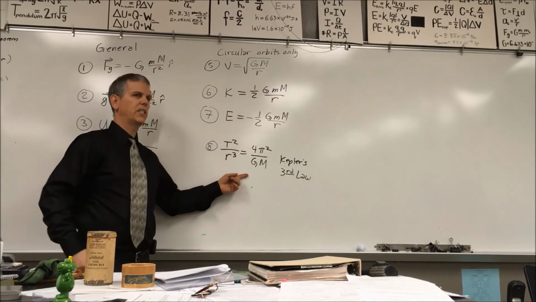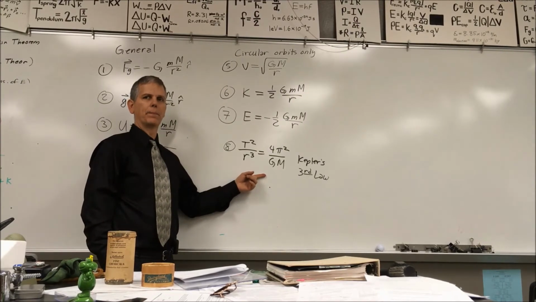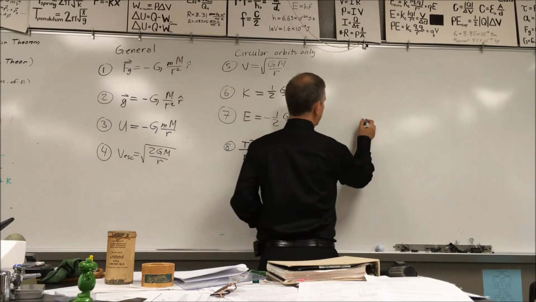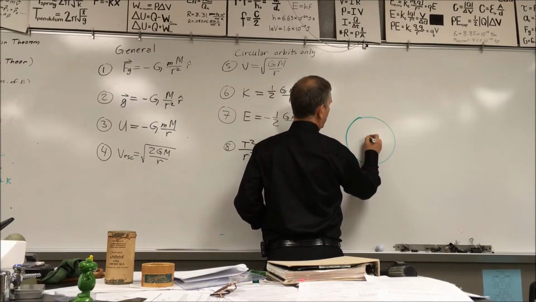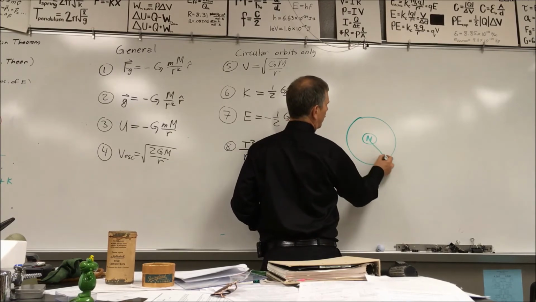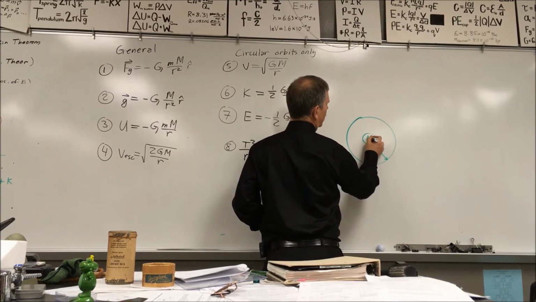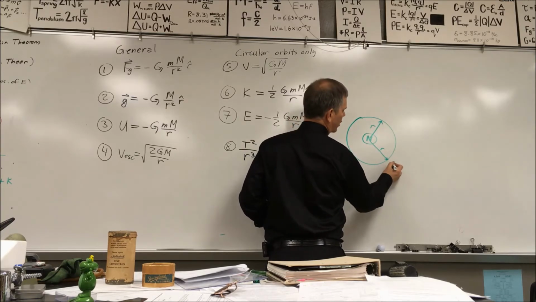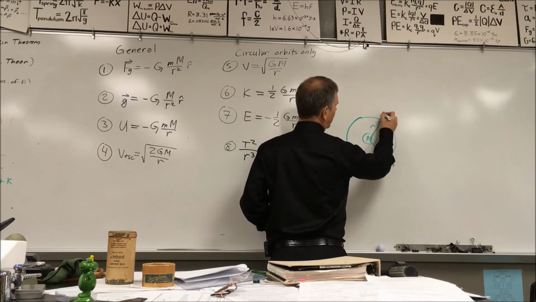What do you see is conspicuously missing? Again, little m is not there. That means if we have our same circular orbit here around big M, and let's say that we have the same R and we have a small m here, and this one says 4m.